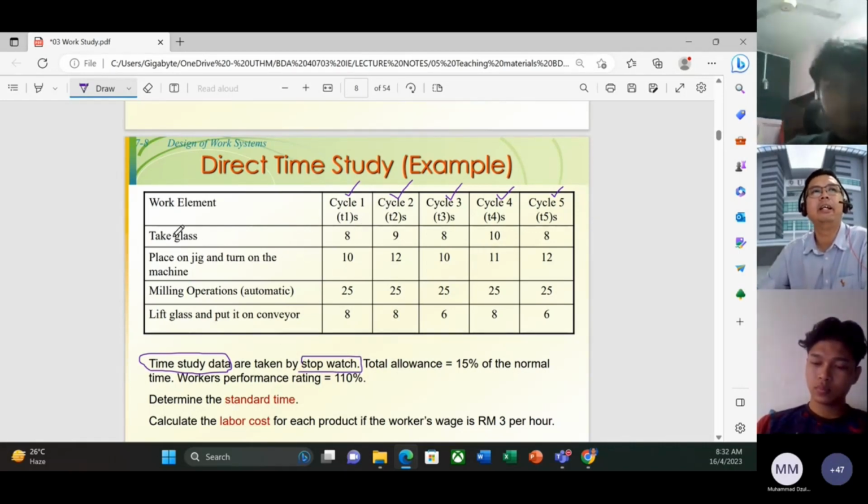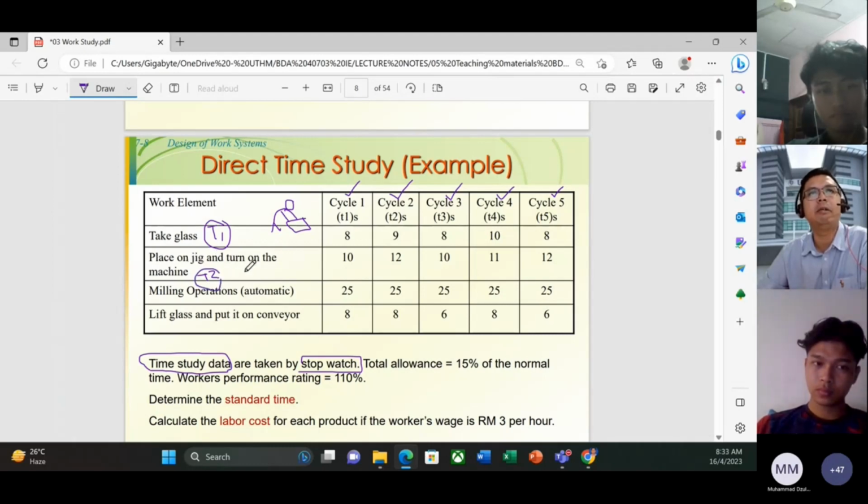Let's say the first, task one. For example, task one, take a glass. This operator, I draw in order for you to understand. Take a glass, first task one. After they take a glass, task number two, this is the sequence.